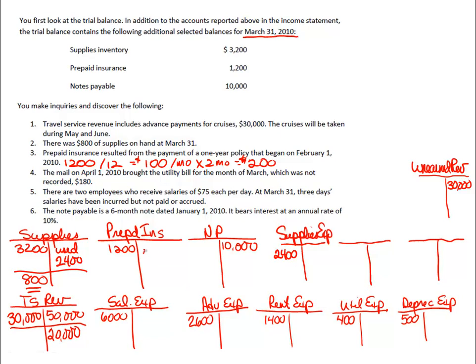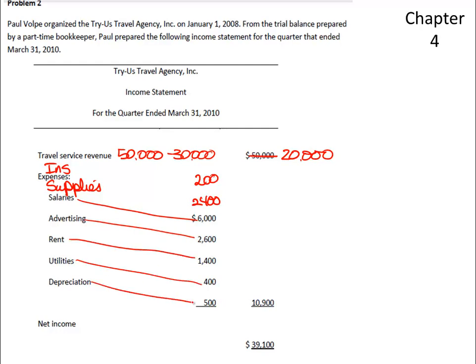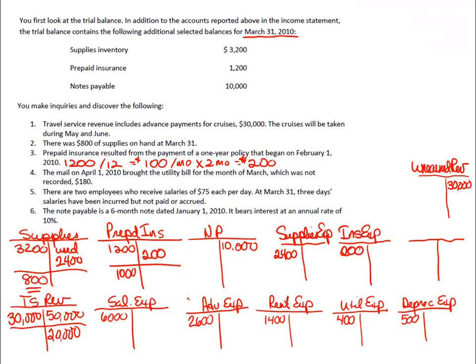So I need to get $200 out of prepaid insurance and into insurance expense because we've used it or consumed it. That means that I'm going to add an insurance expense account for $200 because it's been used or consumed. Notice my lines are off here, so I better make sure that I don't mess anything up. Okay. So that takes care of number 3.